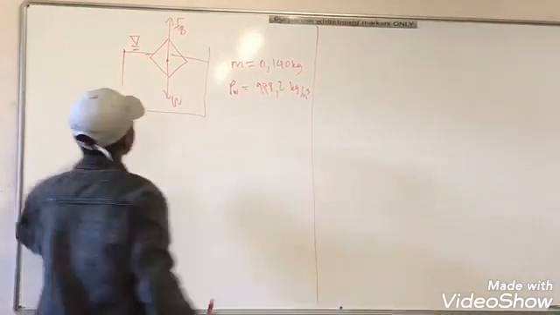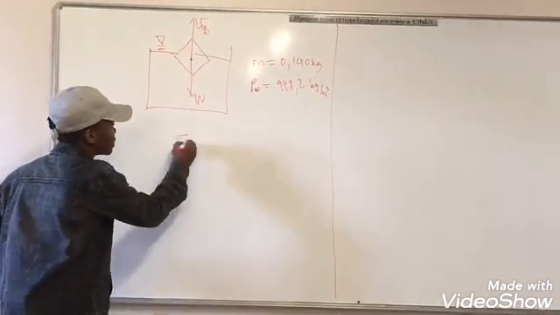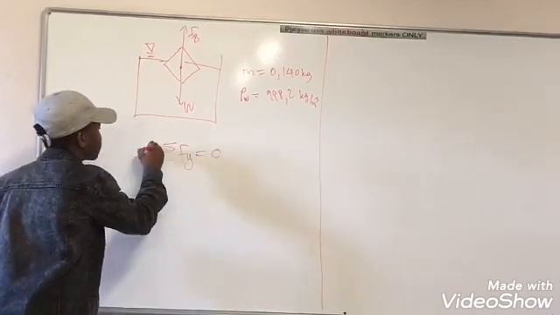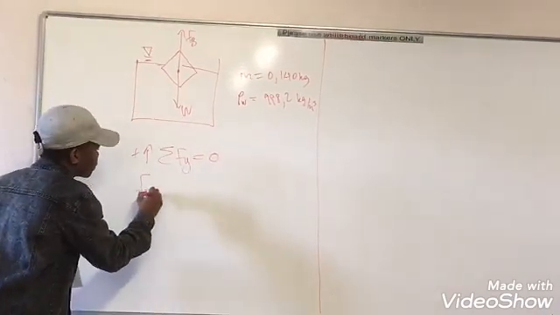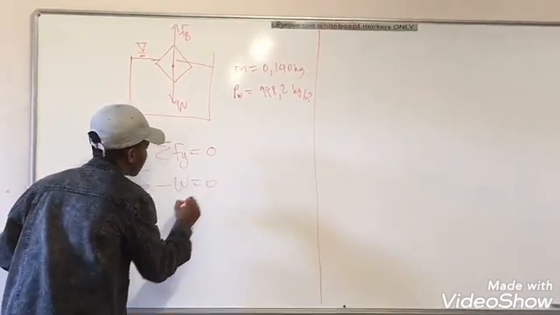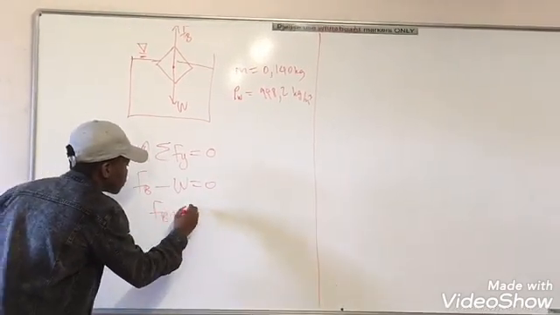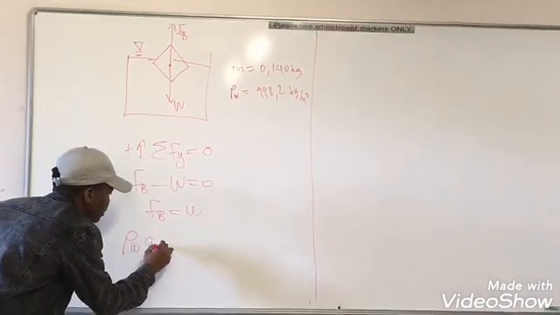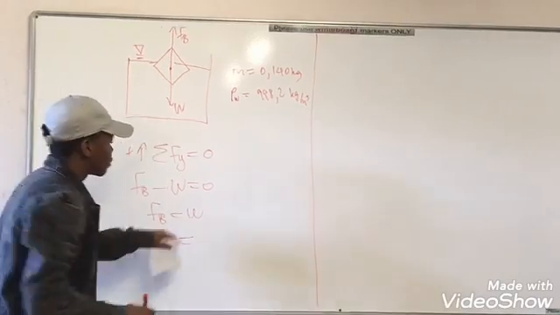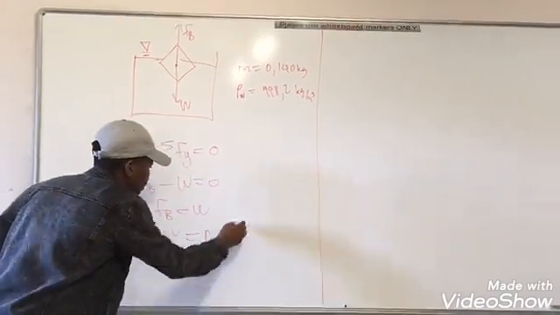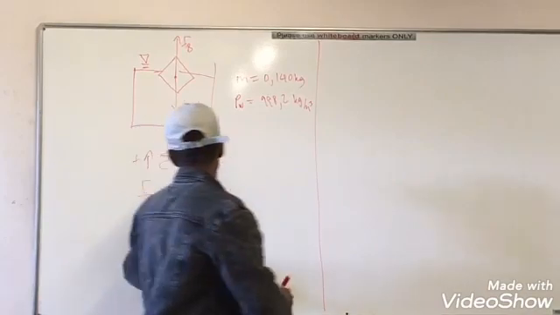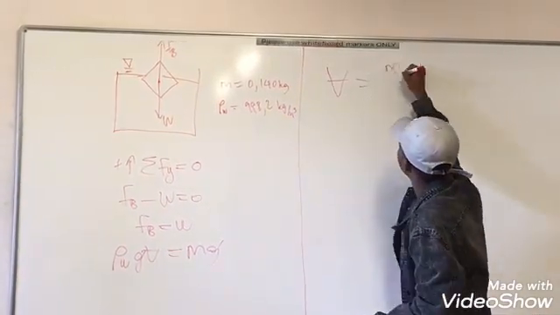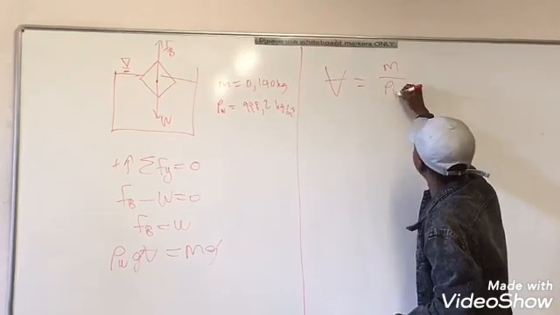Going through the calculations, the sum of forces in the y direction equals 0, so the buoyancy force minus the weight equals 0. So the buoyancy force equals the weight. Buoyancy is the density of water times gravity times the volume displaced, which equals the weight, mg. We can cancel gravity on both sides and make volume the subject of the formula, which equals the mass of the block over the density of water.